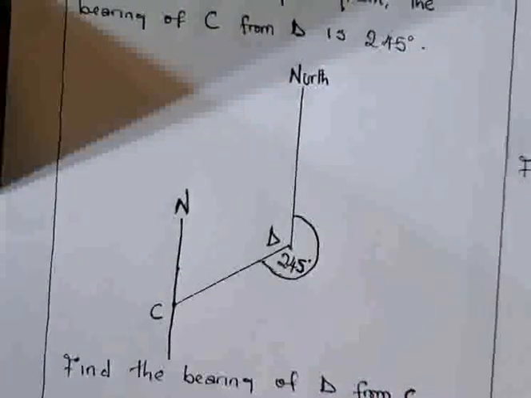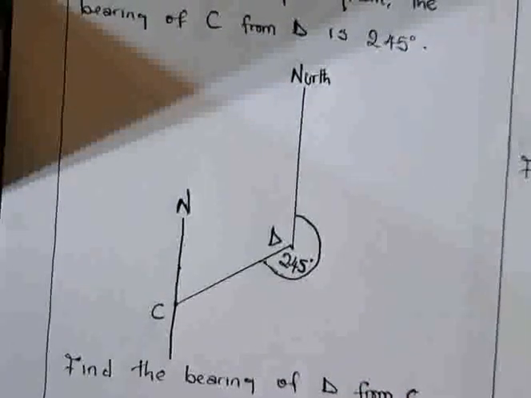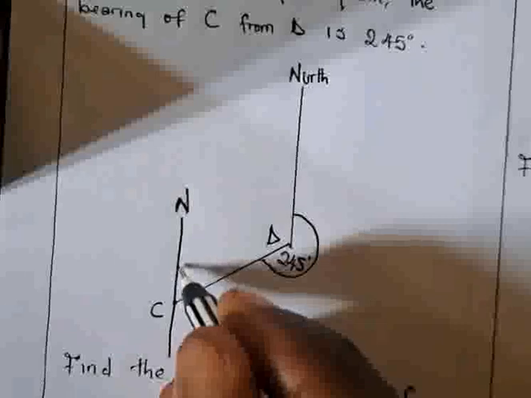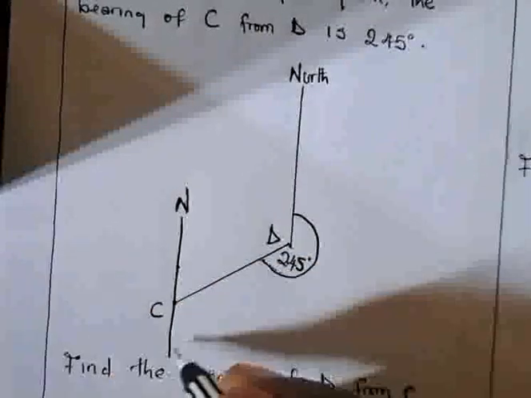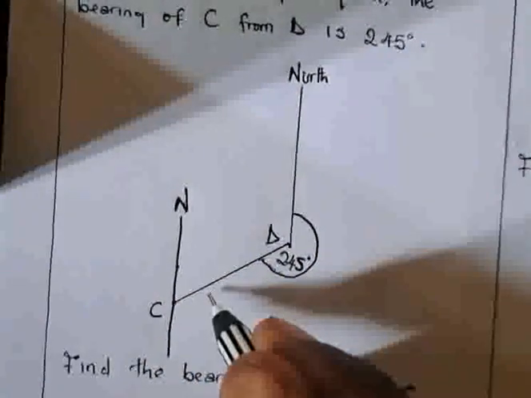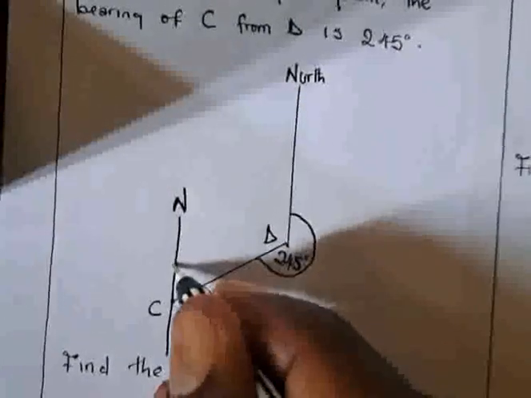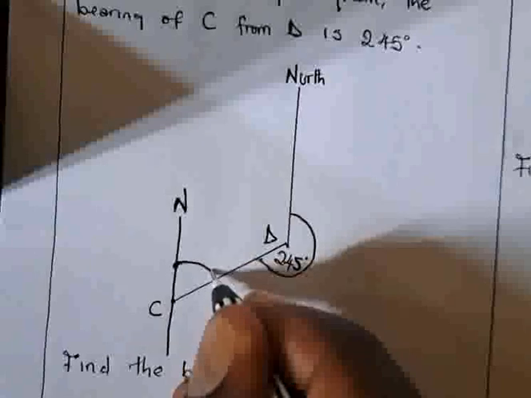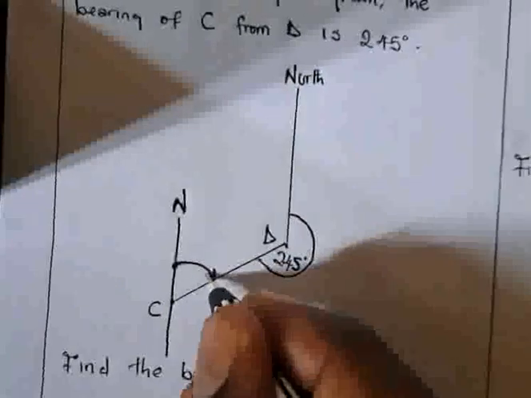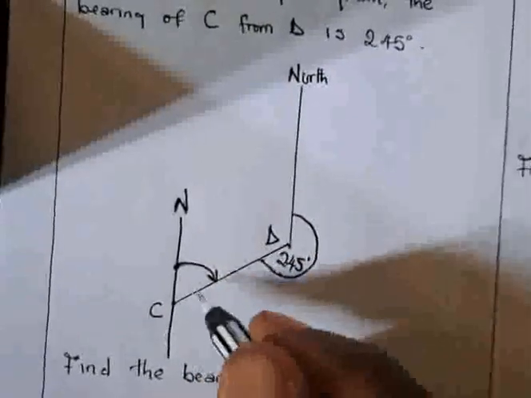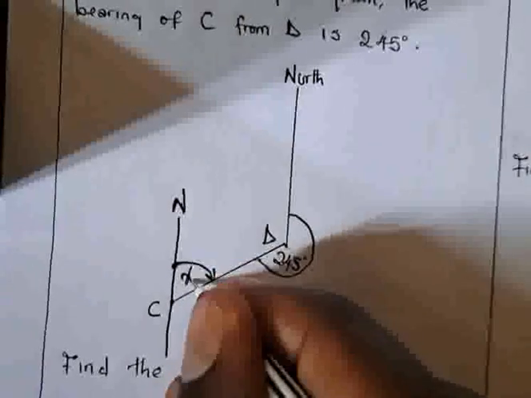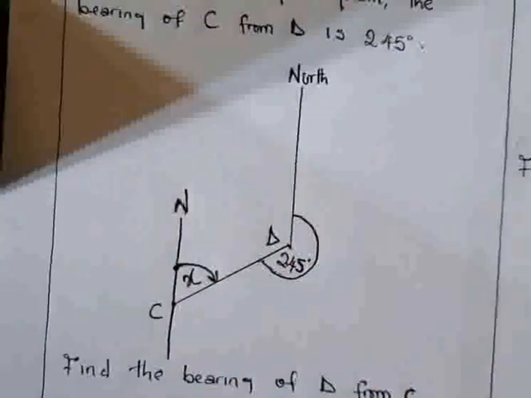D is on the right side, so you're going to move clockwise. Others can say, why don't you move the other direction? But that would be anti-clockwise, and we want the clockwise direction. So this is the angle they want us to find. Just call this angle X.